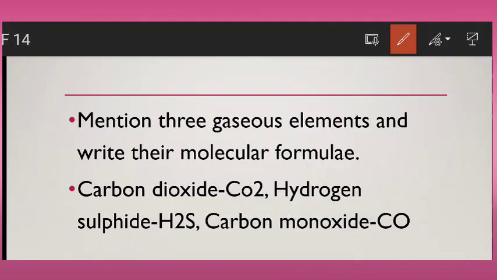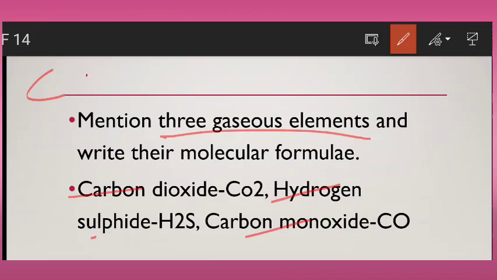mention 3 gaseous elements and write their molecular formula. So the first question is mention 3 gaseous elements. So 3 gaseous elements are carbon dioxide, hydrogen sulfide and carbon monoxide. Then the molecular formula. So molecular formula of carbon dioxide is CO2.